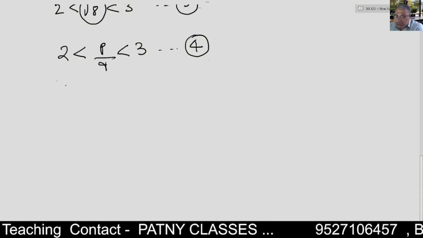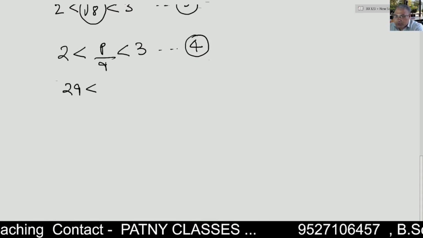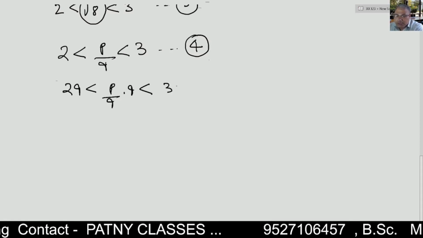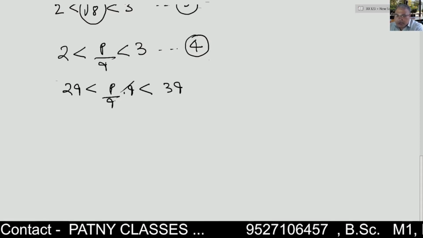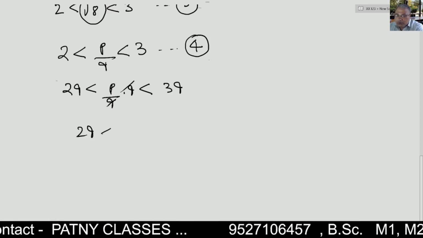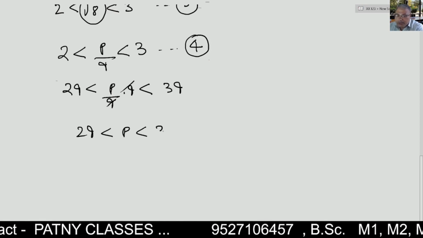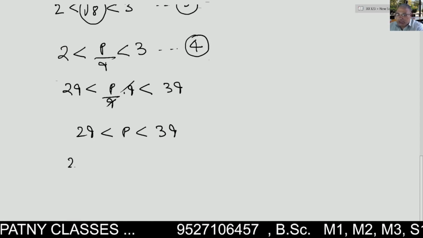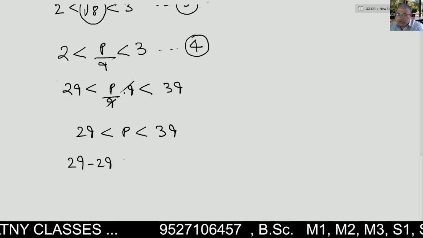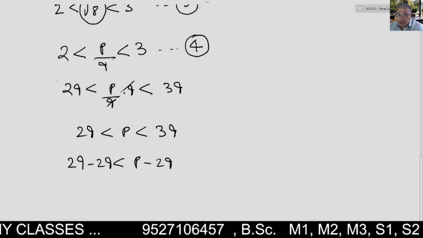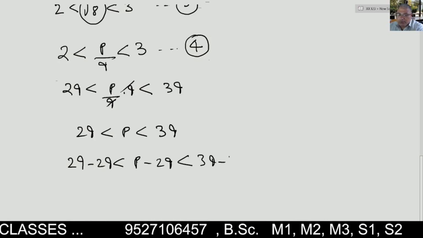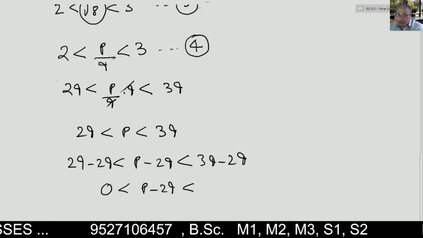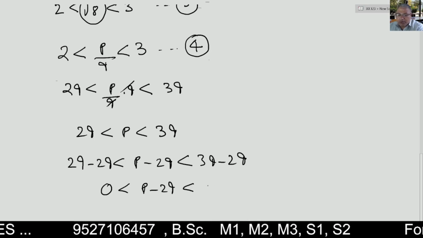Multiplying each term by q, I get 2q less than p upon q into q less than 3q. Q gets cancelled here: 2q less than p less than 3q. Subtracting 2q from each term, 2q minus 2q is 0, p minus 2q, and 3q minus 2q equals 1q.